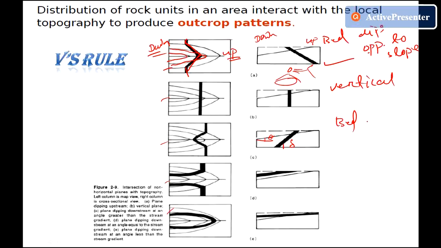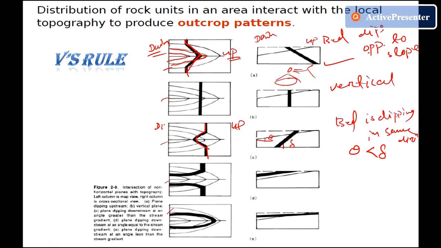So theta is, the bed is dipping in the same direction, and theta is less than delta. That means the bed is steeper, the dip is greater. So you can see it is pointing downstream, because contours always point upstream.